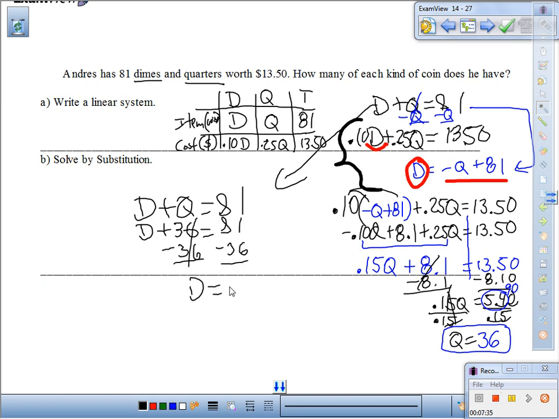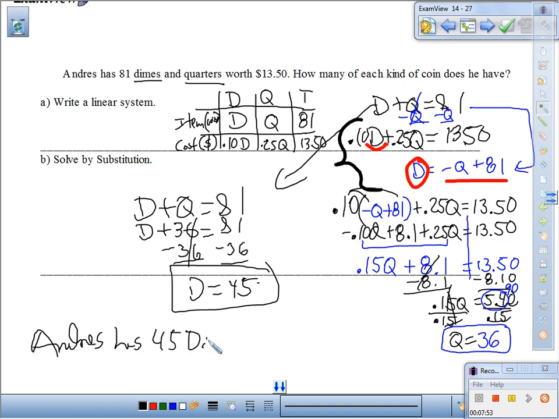D equals 45. Are we done? No. Andres has 45 dimes and 36 quarters.